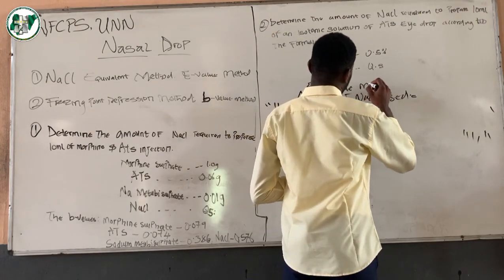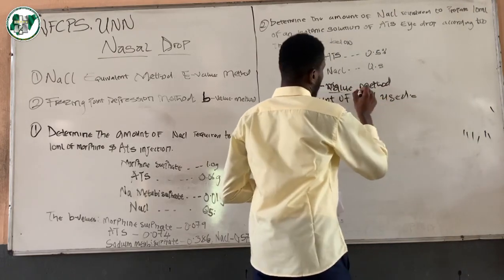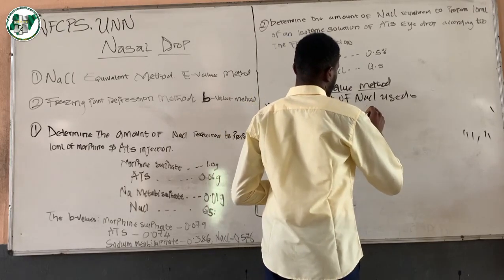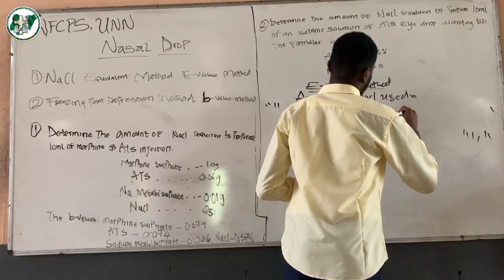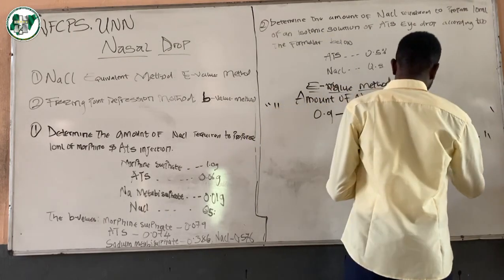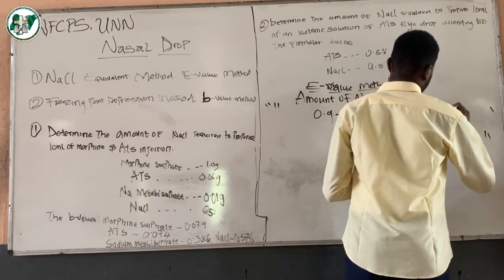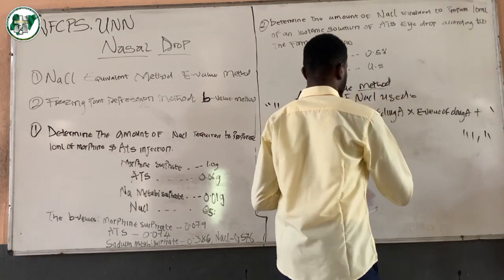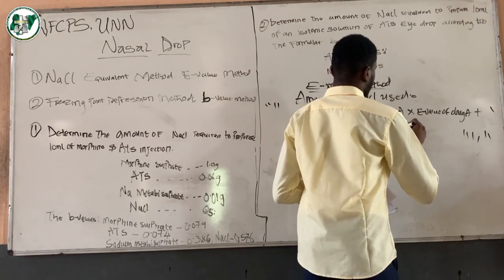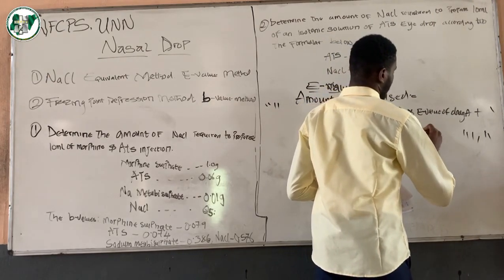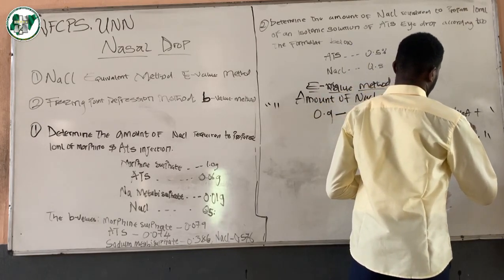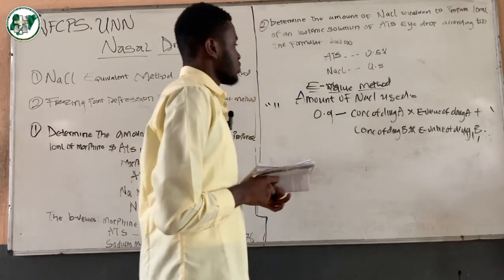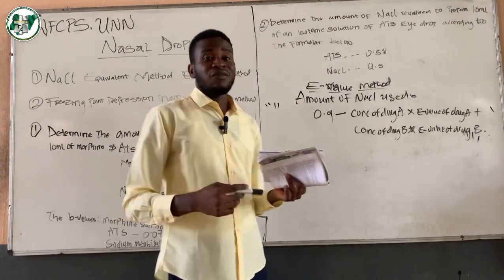It gives us 0.9 minus concentration of drug A multiplied by E value of drug A, plus concentration of drug B multiplied by E value of drug B. Various drugs and various excipients in the lab have different E values.